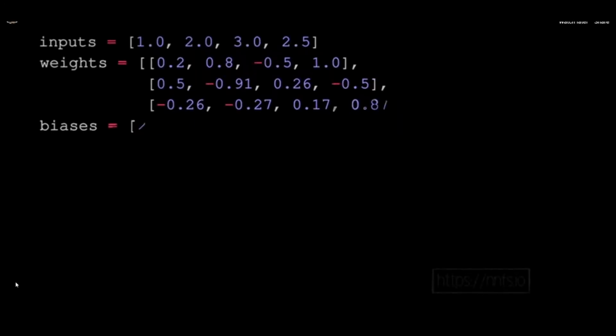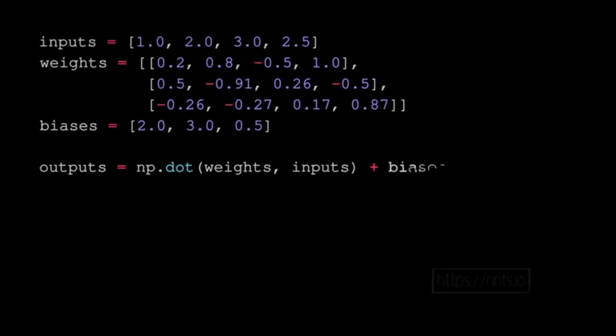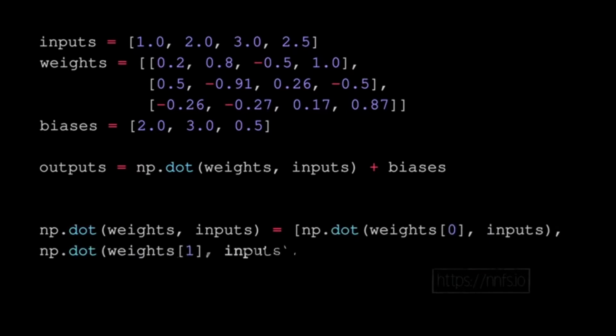To summarize where we are graphically, you see that we've got our inputs, our weights, and our bias, and we've got this single layer of those inputs.